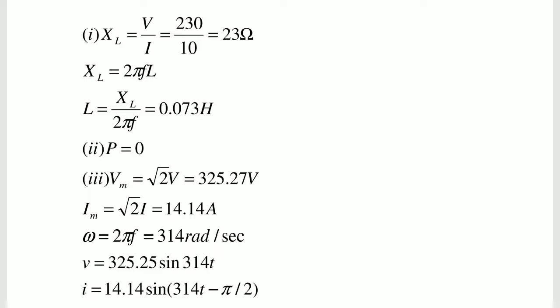So omega is equal to 2 into 3.14 into 50, which gives 314 radians per second.